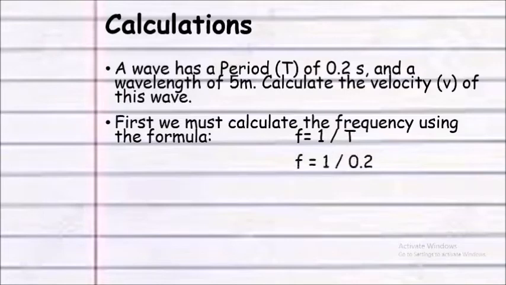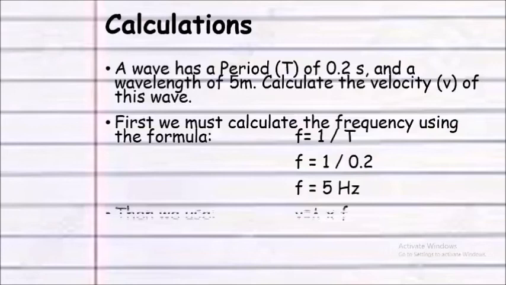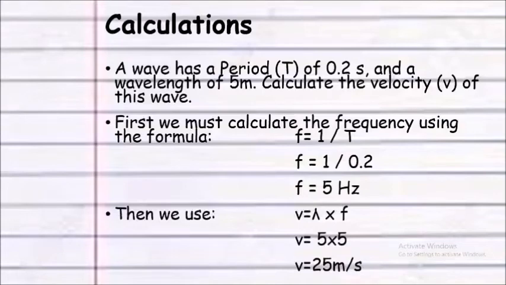So from the given, f is equal to 1 divided by 0.2. When we calculate this, it is 5 Hertz. Then we use the frequency in the formula V equals lambda times frequency. So the velocity is equal to 5 times 5, which is equal to 25 meters per second. Don't forget that velocity is measured in SI units of meters per second.